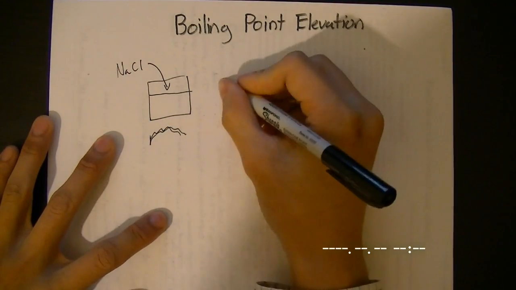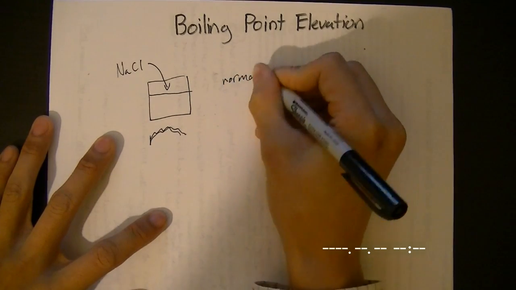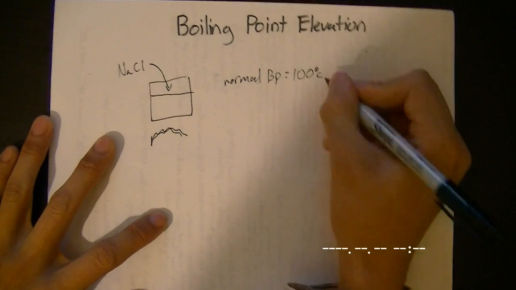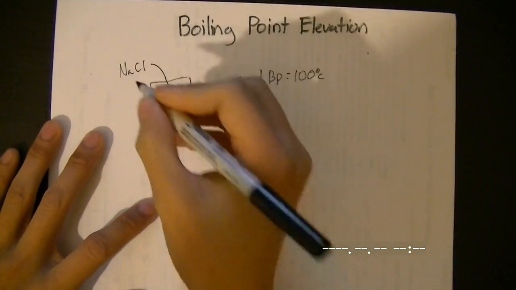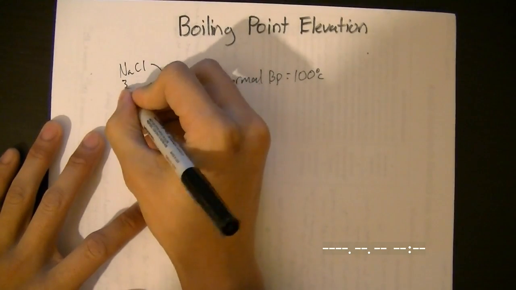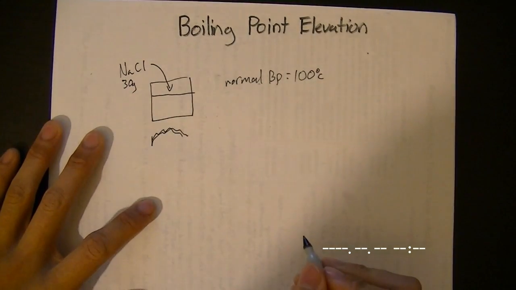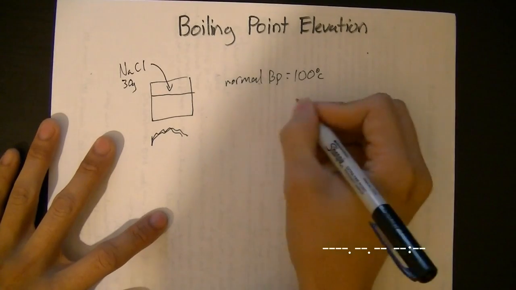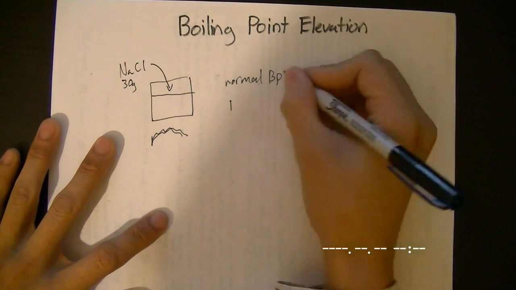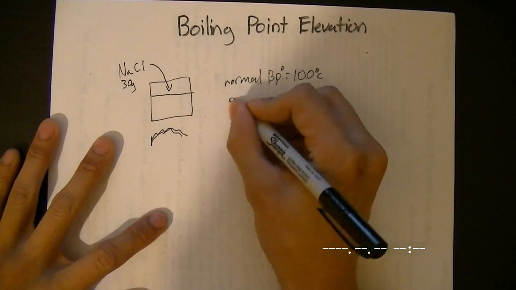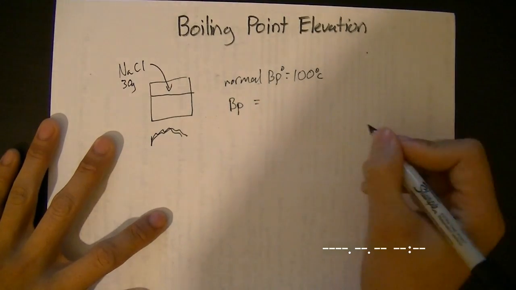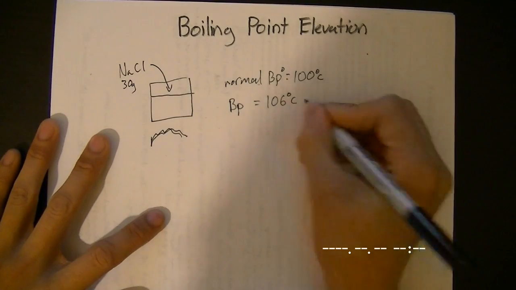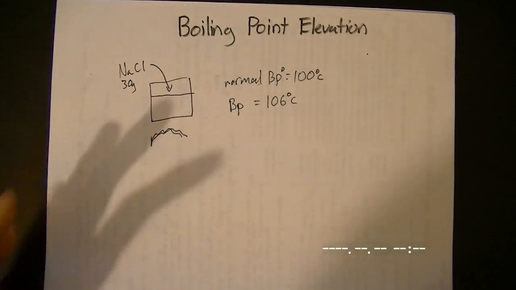The normal boiling point would be 100 degrees C, but if we were to add, say, 30 grams of NaCl, the boiling point will be around 106 degrees Celsius. Okay, interesting.